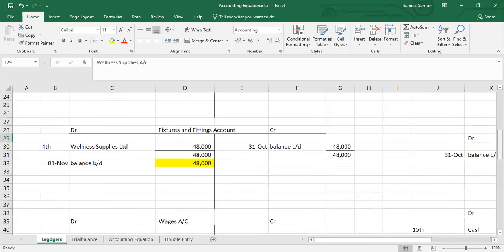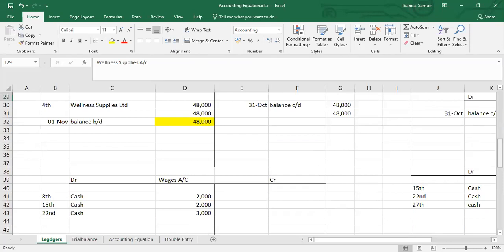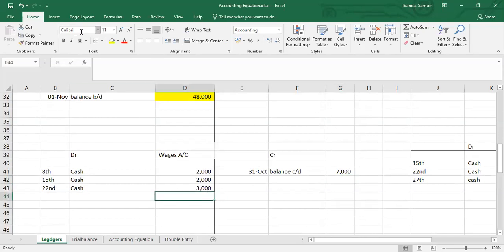And then I'll move to my wages. This is 31st. This is balance carried down. This is 7,000. I'll get my totals and put 7,000 here.